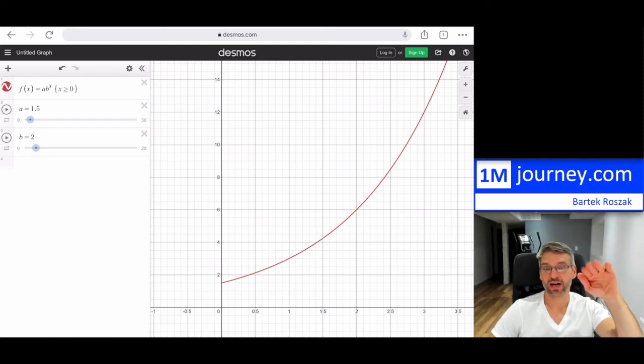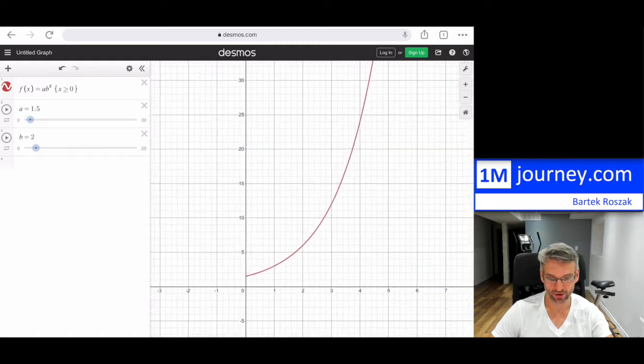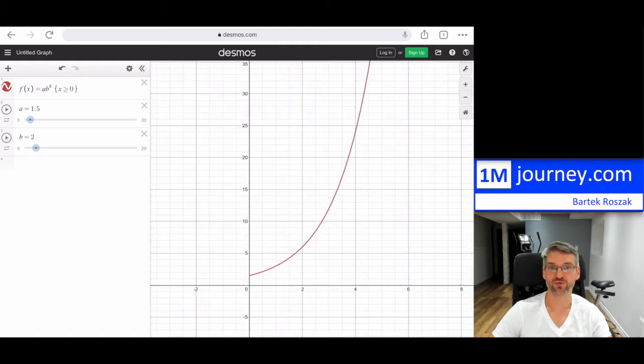Here, what's going to happen is that this growth is going to start speeding up, okay? And the exponential function has this amazing property where as the x gets bigger and bigger, if b is greater than 1, it really starts to blow up on you. So if I go out in here, you notice that it very quickly starts to just skyrocket upwards. And that's the exponential growth that we see.